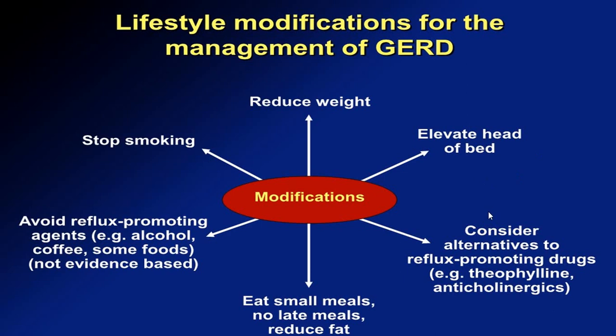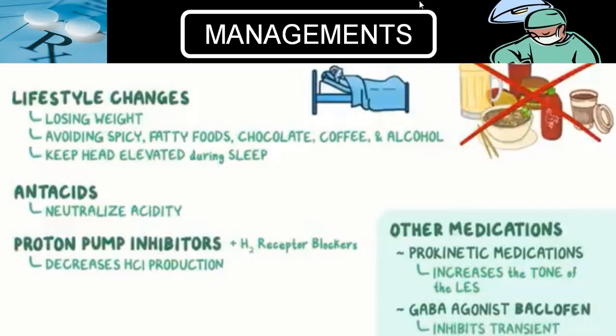Avoid the drugs which increase the reflux, like theophylline, anticholinergic drugs, calcium channel blockers, etc. Eat small meals, no late meals, reduce fat, chocolates, tea, coffee, spicy foods, fried foods, etc. Avoid alcohol and coffee beverages. Stop smoking. All these are part and parcel of lifestyle modification.